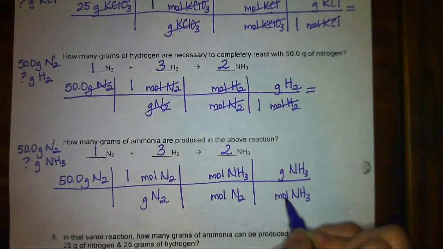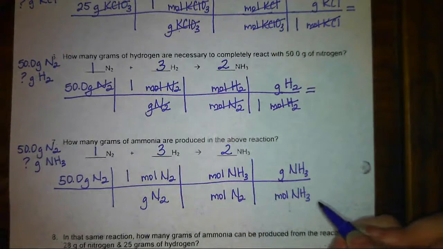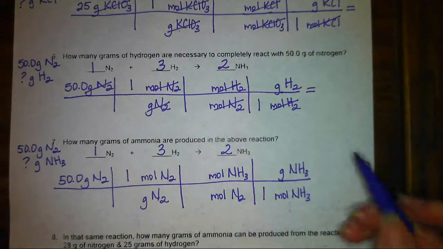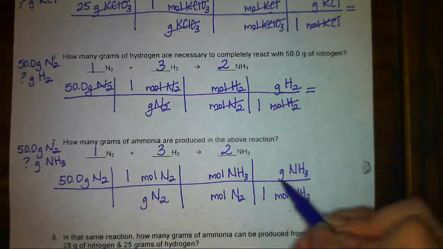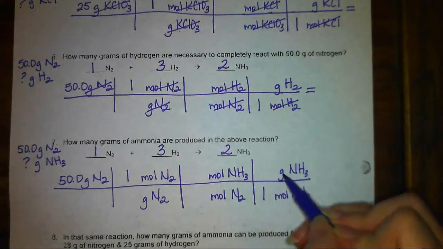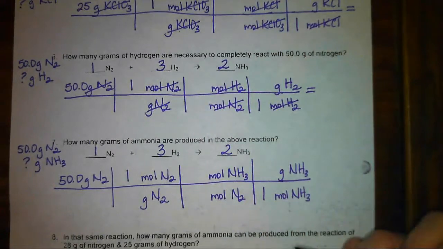Once again, to go from moles to grams, like we did over here, grams to moles, I need to use formula weight. So I need to use the periodic table. This time calculate the formula weight of ammonia. So fill in the number here for how many grams of ammonia is 1 mole of ammonia.